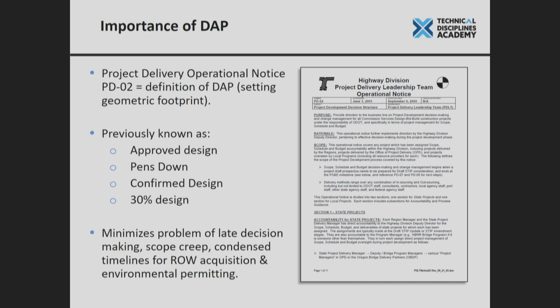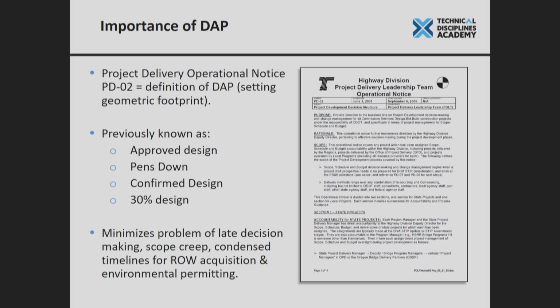But the idea is that we've been trying to get to that point and develop a commitment tool that says this is the project moving forward. This is what we all agree to. And we're able to make some assurance that when we start working on the project, we're not going to be looping back. But that's going to require us to make some informed decisions and make sure everybody's at the table as part of that.